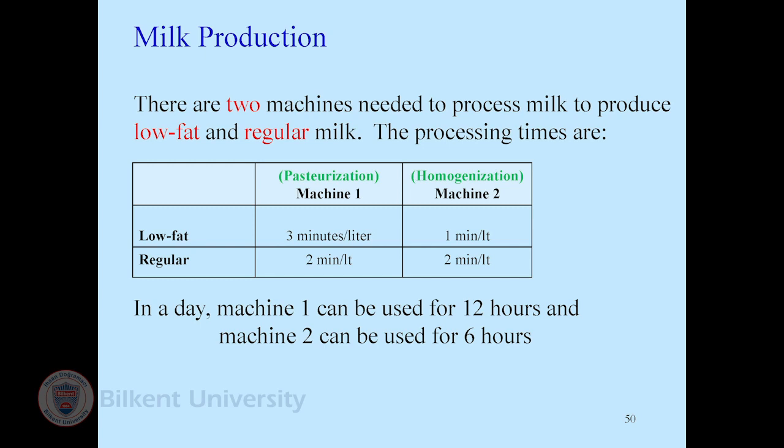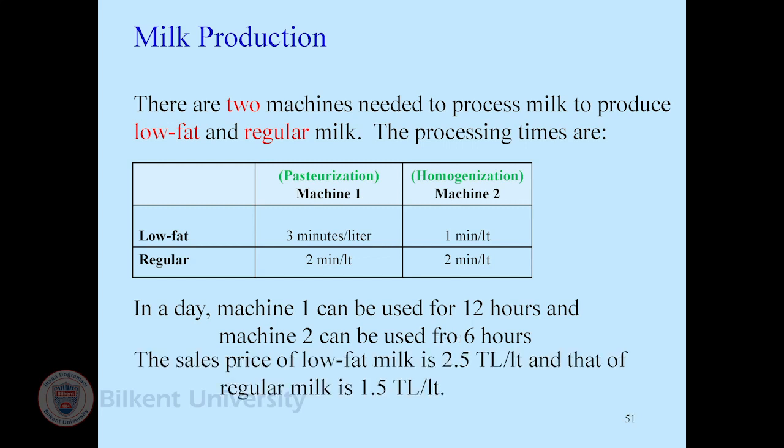So I have to make my decisions based on these availabilities. What else? What is my performance measure? Of course, they do sell with different prices, right? The sales price of low-fat milk is 2.5, and regular milk is 1.5, okay?